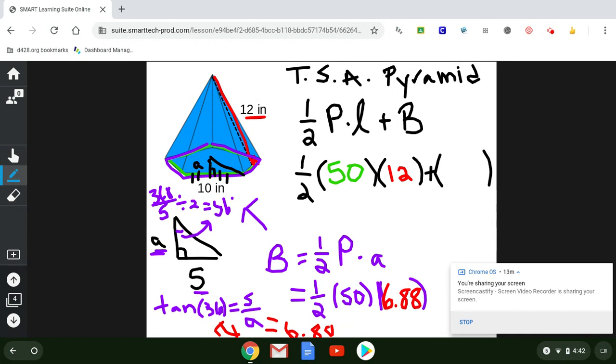Alright, so if I multiply that all together, I get 172. So the area of my base is 172. Alright, and then I just put that in the calculator.